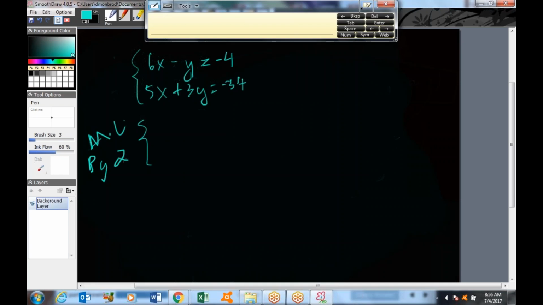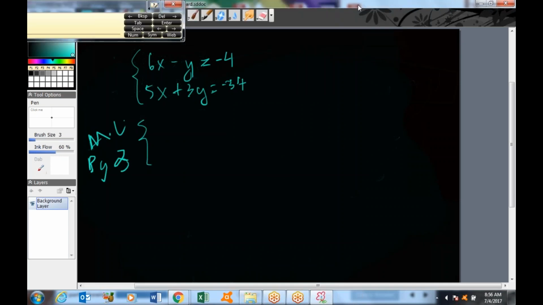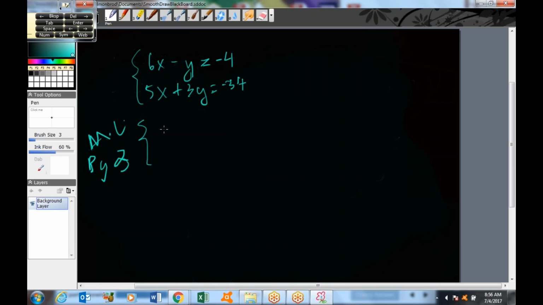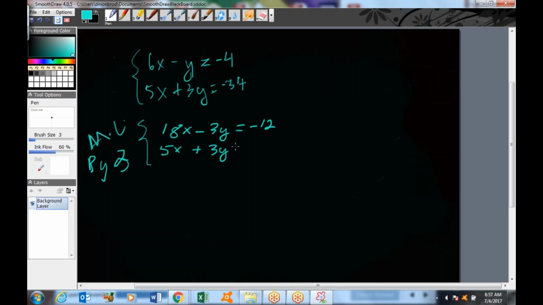Okay, by 3 makes that 18x minus 3y equals negative 12. And the second equation is still 5x plus 3y equals negative 34.